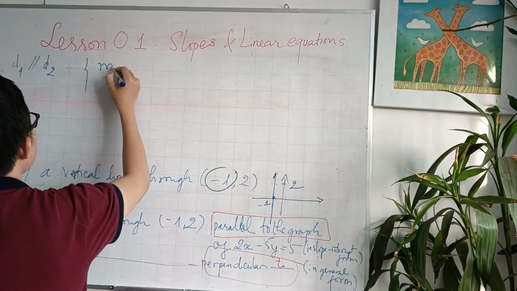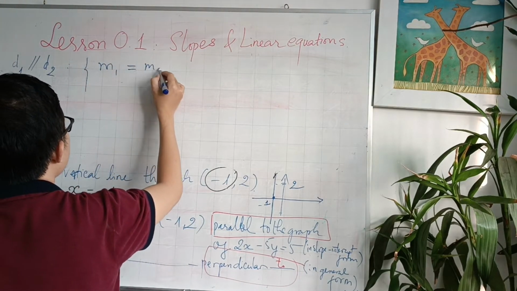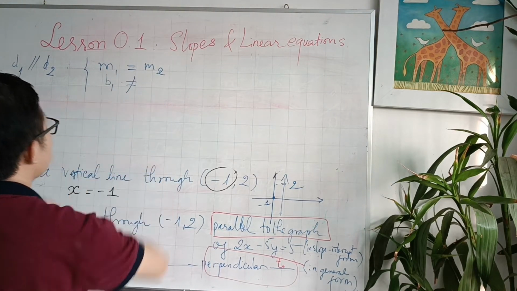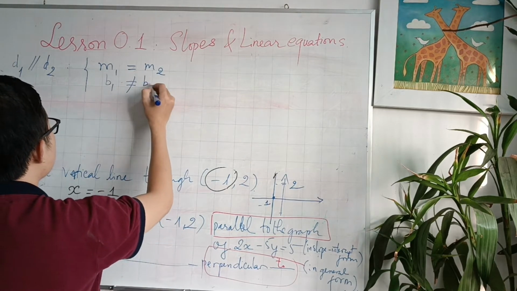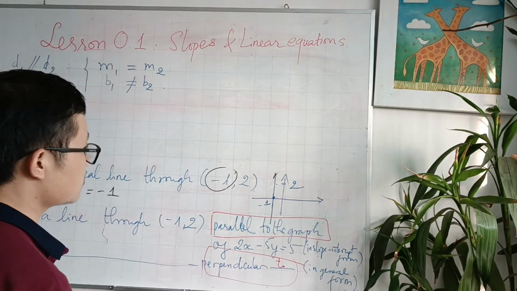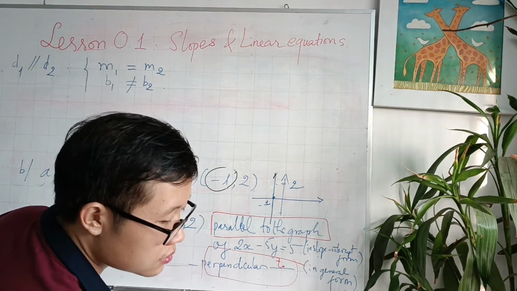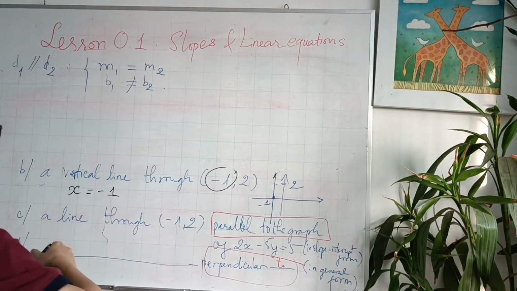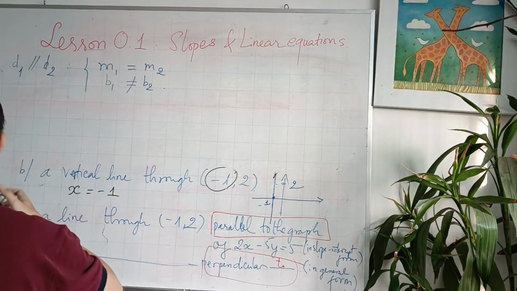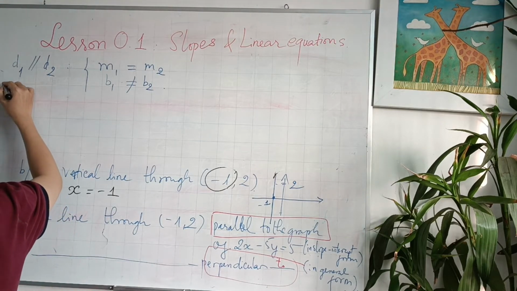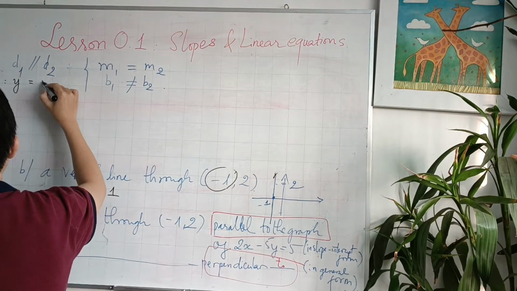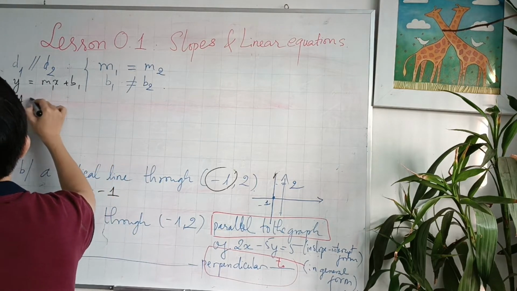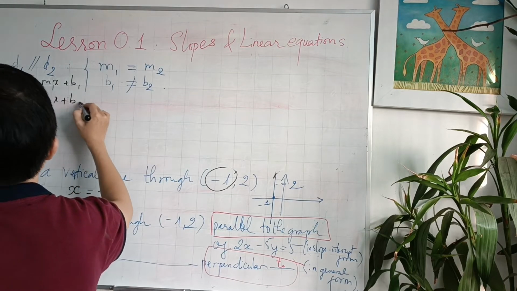So m1 equals m2 and b1 not equal to b2. I write the slope-intercept forms: D1 is y equals m1x plus b1 and D2 is y equals m2x plus b2.